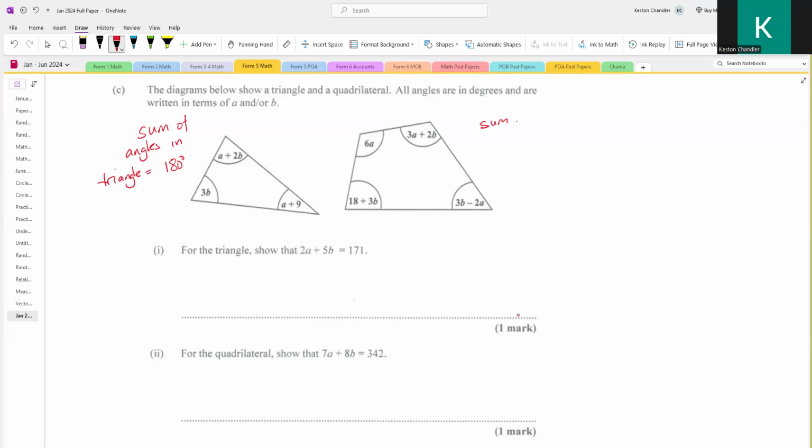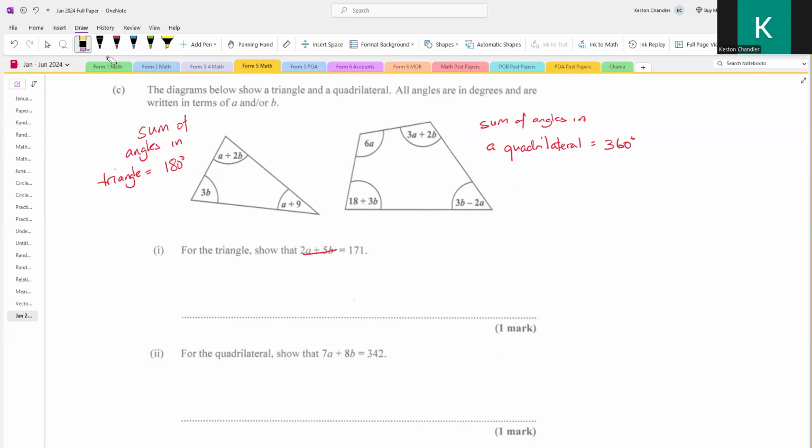Sum of angles in a quadrilateral is equal to 360. We need to use this property in order to work out our following two questions. They're saying here to show that 2a plus 5b is equal to 171.